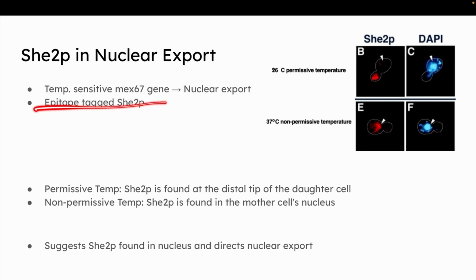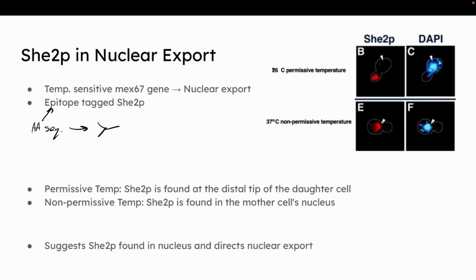And then they tagged SHE2 with an epitope. An epitope basically is any amino acid sequence that binds to an antibody. So we can get an antibody to bind this, and we can immunoprecipitate, or we can immunofluoresce, just to visualize. And that's what they did in this case.